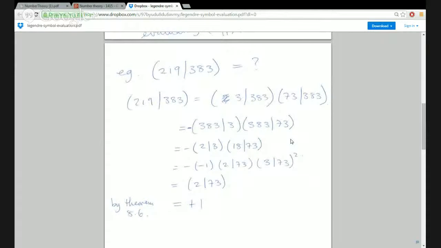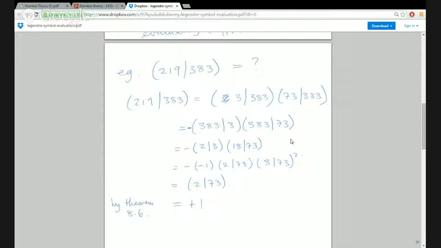So this was the example we did last time. We started off trying to work out, is 219 a quadratic residue mod 383? Well, who knows? We can't tell just by looking at it. So by going through this process, we factorize 219 into 3 times 73. We flip both of them using quadratic reciprocity. But see, now these smaller primes are going into the second position. Then using the congruence property, reduce 383 modulo 3 to 2, reduce 383 modulo 73 to 18.